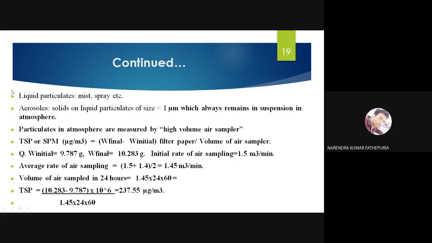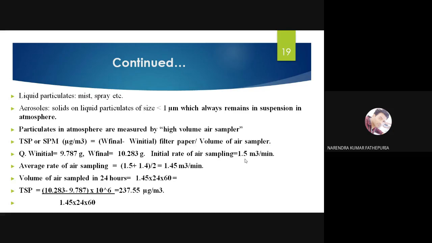So you will get the suspended particulate matter in microgram per cubic meter. Suppose the initial weight of the filter paper is 9.787 gram, and the final weight after running the sampler for a certain time is 10.283 gram. The initial rate of air sampling is given as 1.5 cubic meter per minute, so every minute the air sampler takes 1.5 cubic meter of air.